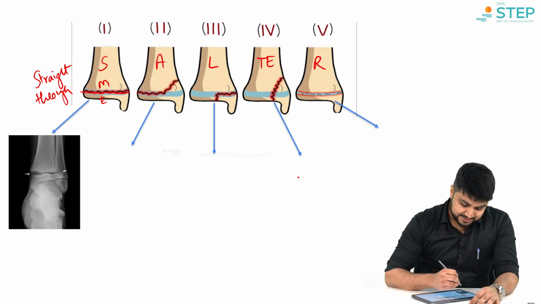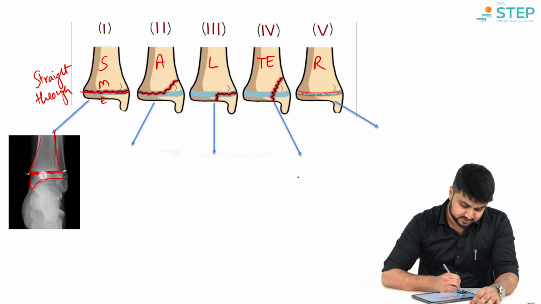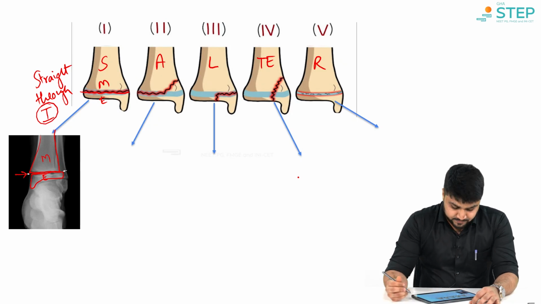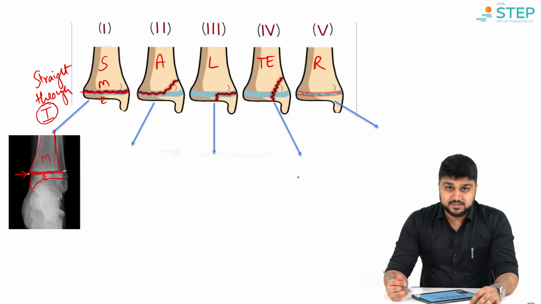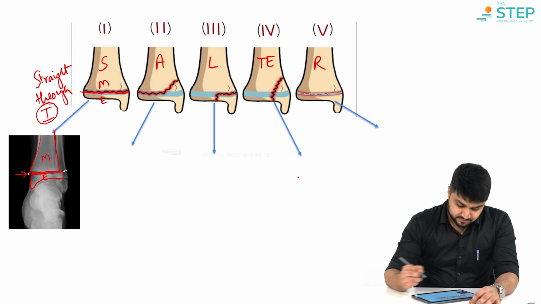For example, in this X-ray of the distal tibia, we can see that the metaphysis looks normal. The epiphysis also looks normal. However, the orientation of the epiphysis with respect to the metaphysis is altered. So this is an example of a type 1 Salter-Harris injury. Another important example, which is an important exam question also for you, is slipped capitofemoral epiphysis.